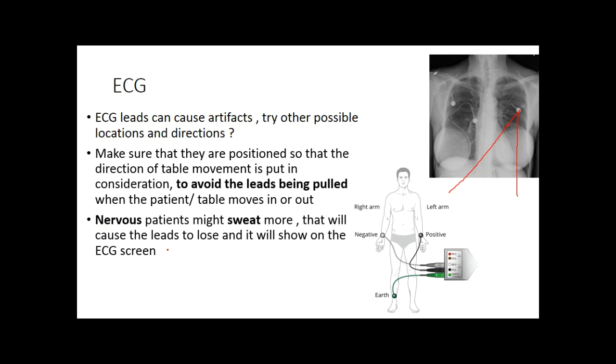Also keep in consideration that if the patient is nervous or anxious, they will sweat more than a normal patient. And this sometimes causes the leads to loosen, and you will see ECG fluctuation on the monitor.